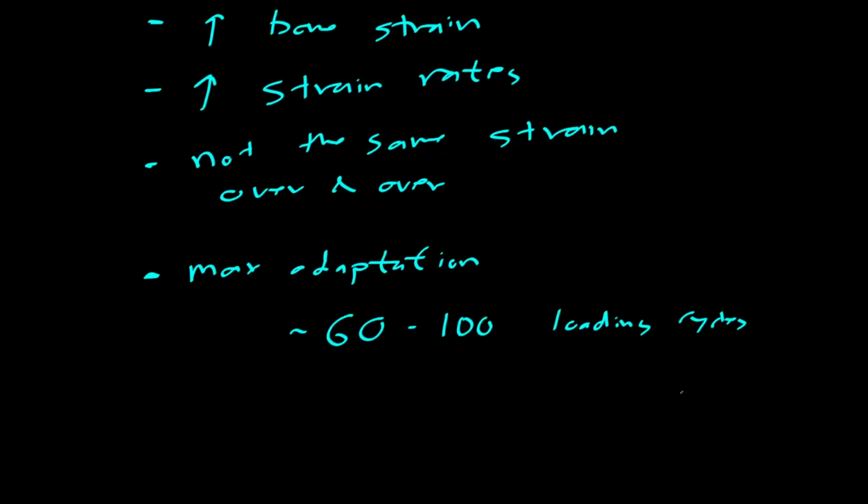And what I mean by a loading cycle is, say, one jump in volleyball, or one rep of the squat, or one box jump, or one step taken while you're running.